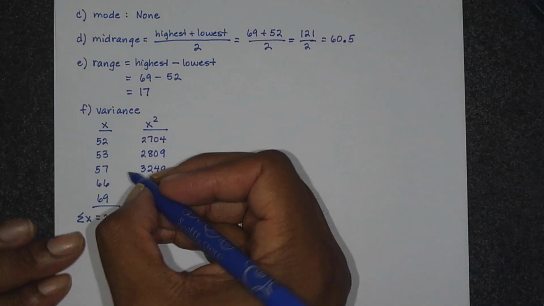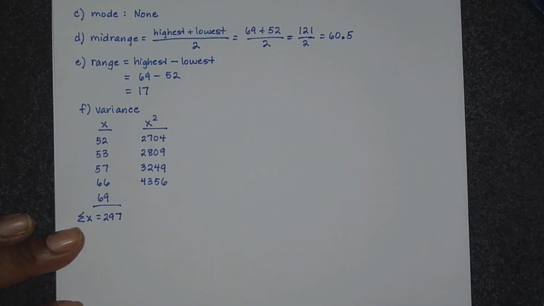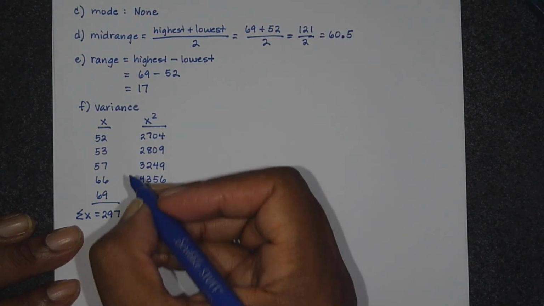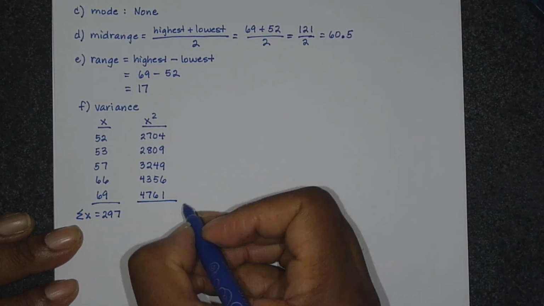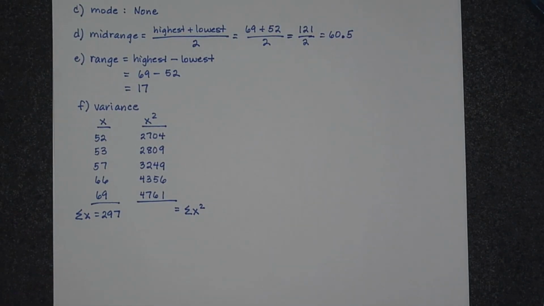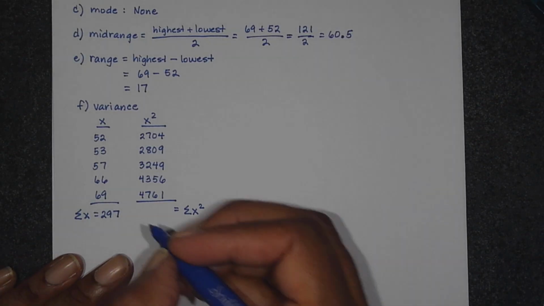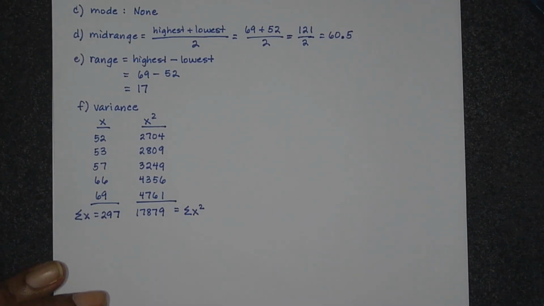And then 66 squared is 4,356. And then finally 69 squared will be 4,761. Now to get the sum of these x squares, we just add those 5 numbers together. Add 2704, 2809, 3249, 4356, and 4761, you'll get 17,879.